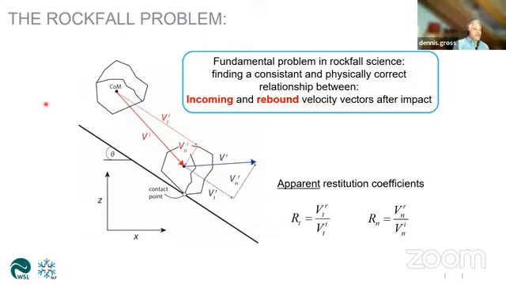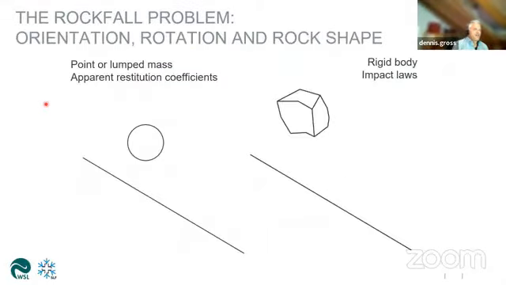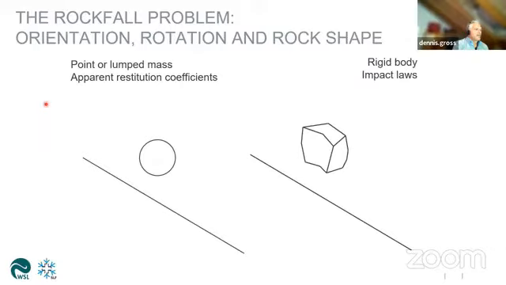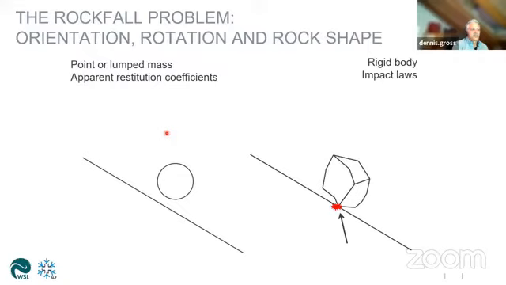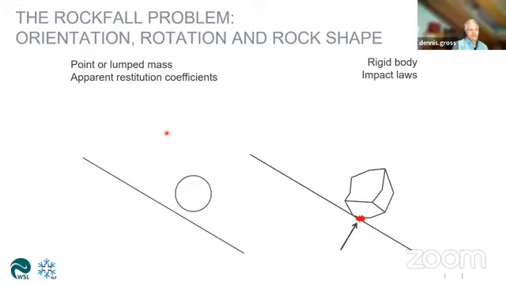And in the next slide here, we can see a little bit that most of the times when we deal with 2D rockfall simulations, we would assume point mass, or very often we would just assume this sphere-like shape, which in reality, of course, is something different.